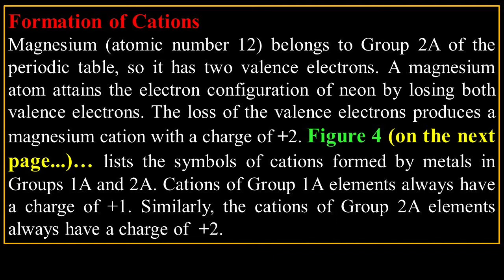Figure 4 on the next page lists the symbols of cations formed by metals in groups 1A and 2A. Cations of group 1A elements have a charge of +1. Similarly, the cations of group 2A elements always have a charge of +2.